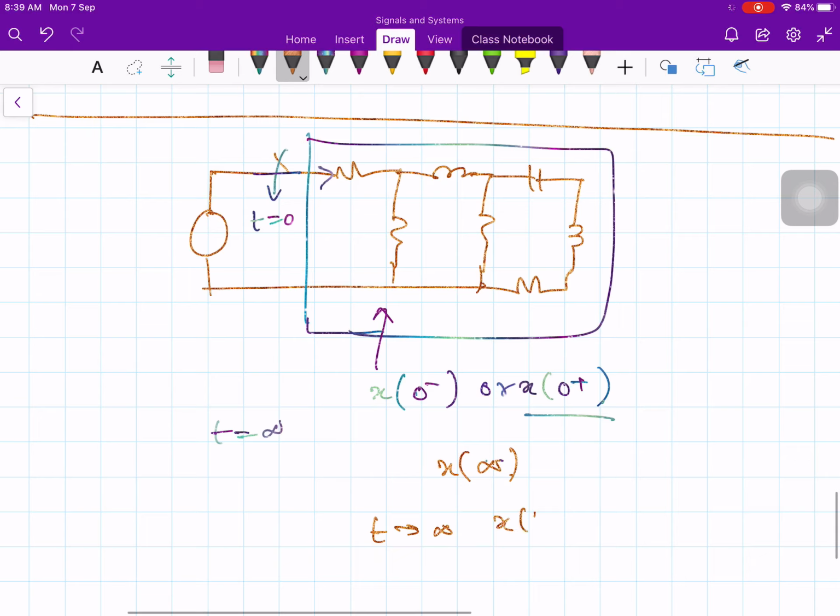Immediately after closing the switch, you want to know what is the x of t. Let us say this is my x of t, I am giving some voltage. The moment you close the switch, what is the value of x of t? That is t equals 0 plus.